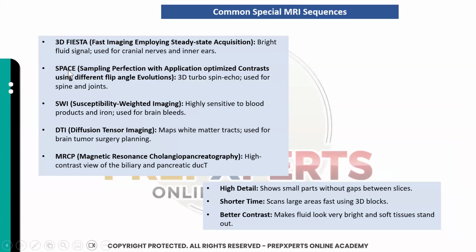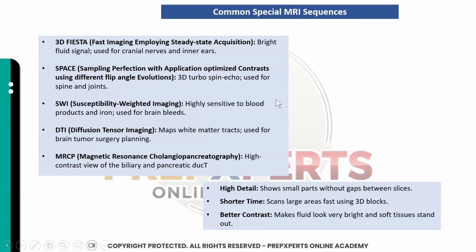There is another thing that is SPACE. Sampling perfection with application optimized contrast using different flip angle evolutions. SPACE imaging is actually 3D. This is another 3D image, 3D turbo spin echo, and this is used for spine and joints. Then we have integrated imaging.